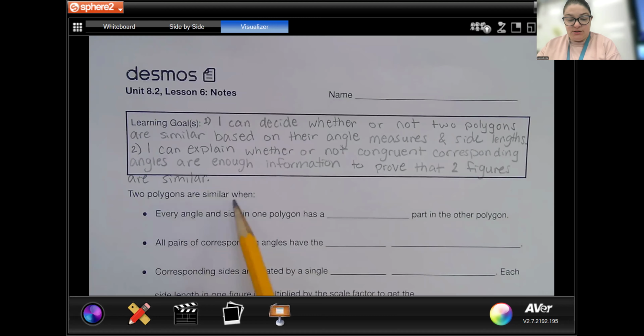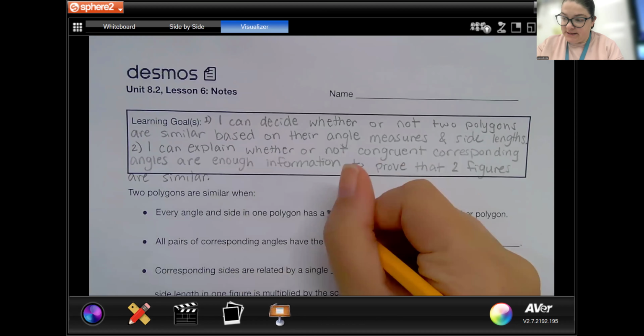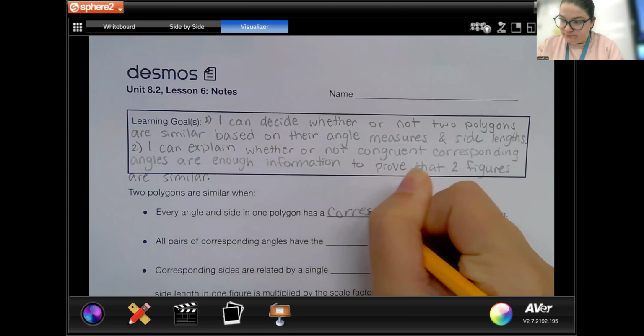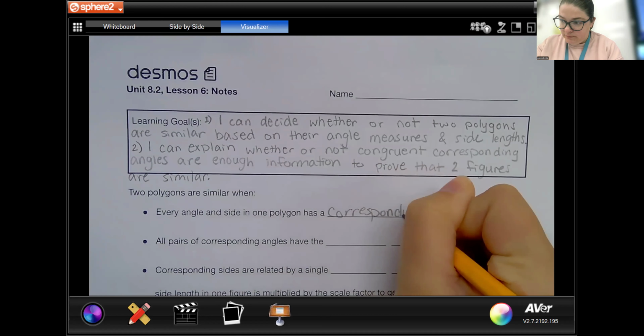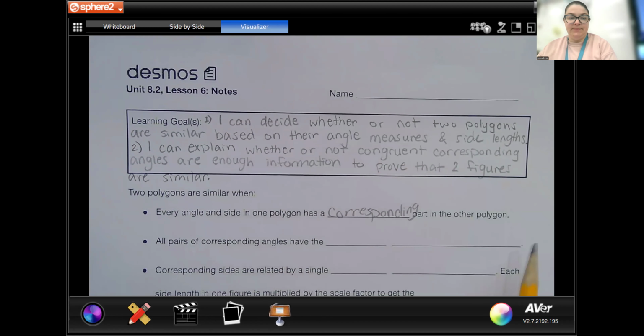So two polygons are similar when every angle and side in one polygon has a corresponding part in the other polygon. So every angle and side has to have a corresponding part. That basically means that you can't have a rectangle and a pentagon being similar because the pentagon has one additional side, one additional angle that won't have a corresponding part on the rectangle.